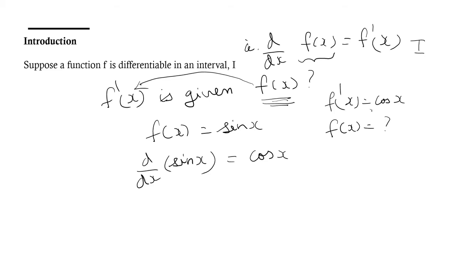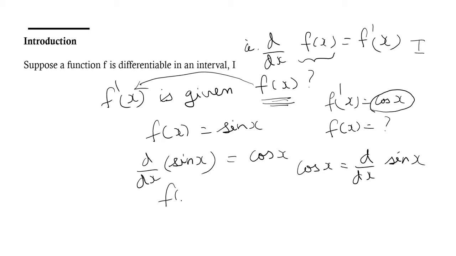That is, cos x is the derivative of which function? Cos x is the derivative of sin x. So the antiderivative of cos x is sin x.